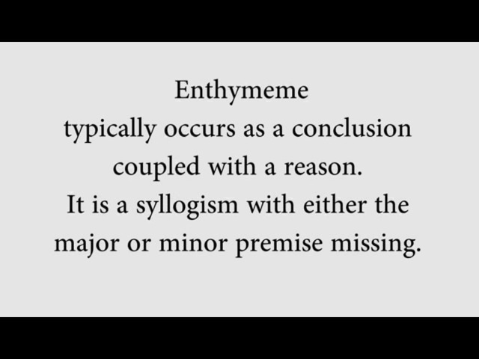Enthymeme. An enthymeme typically occurs as a conclusion coupled with a reason. It is a syllogism with either the major or minor premise missing. Often, the major premise and enthymeme might be referred to as an informal syllogism.